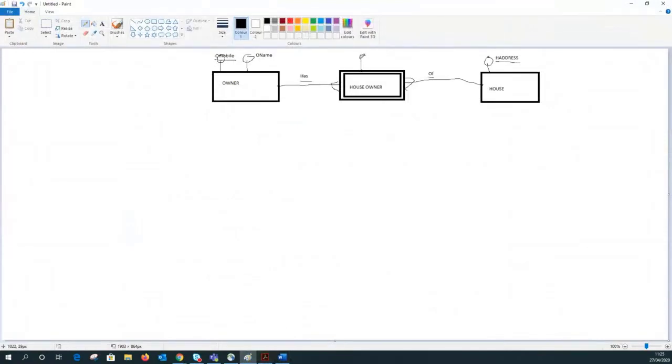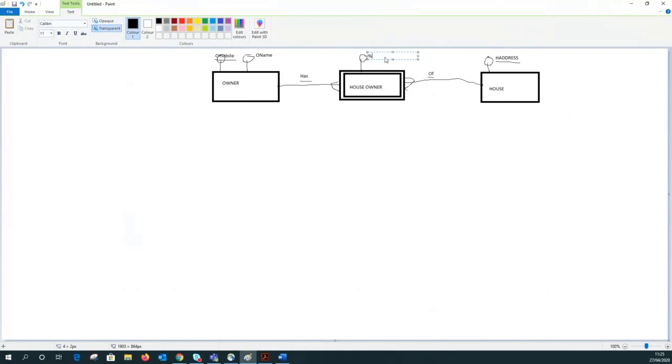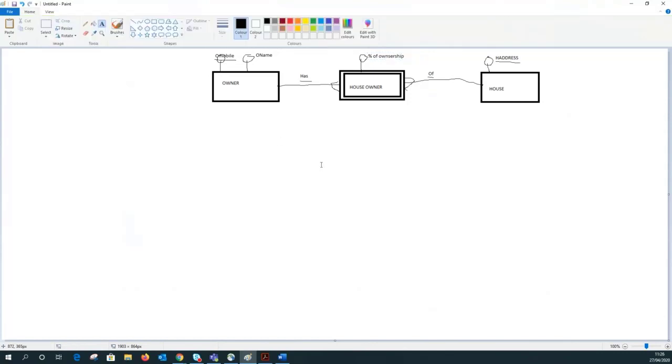So there is one extra attribute: percentage of ownership. How many attributes do we now have in the house owner entity? Three attributes: the owner's mobile phone number, which comes from the left side, the house address, which comes from the right side, and its own attribute, percentage of ownership.